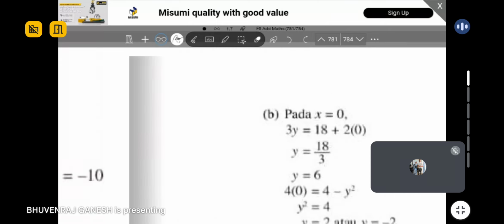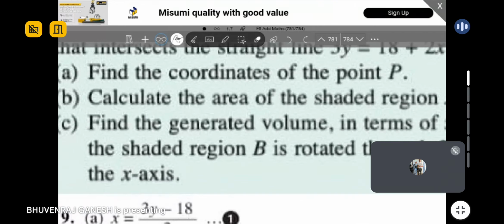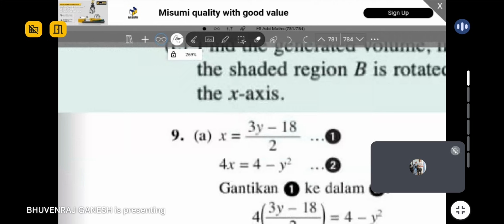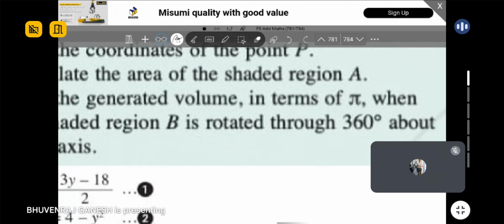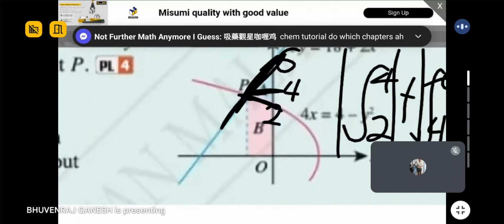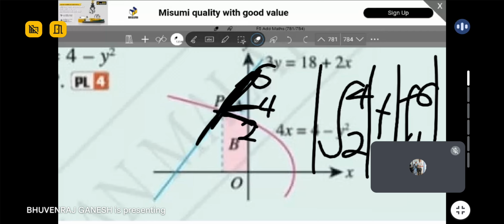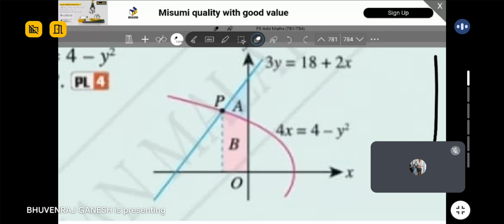Okay. So for question C, okay, just now orang tanyakan for volume. Okay, guys. So they want you to rotate region B 360 Paxi X. So guys, what is the formula? We are going to use the pi. Am I right?